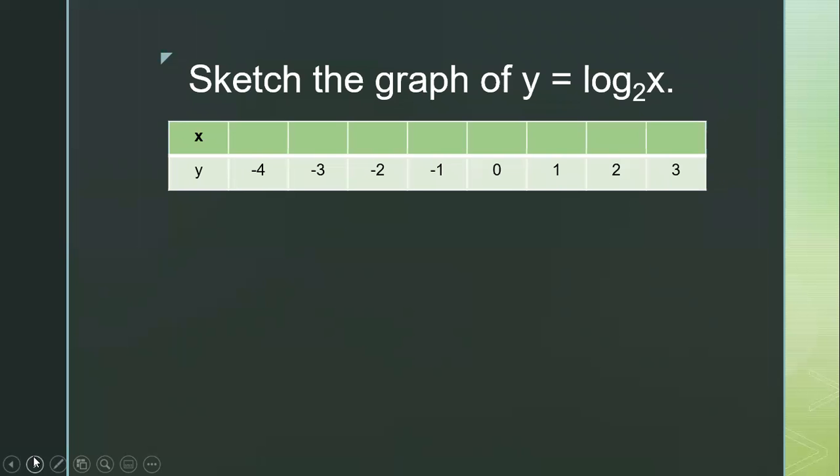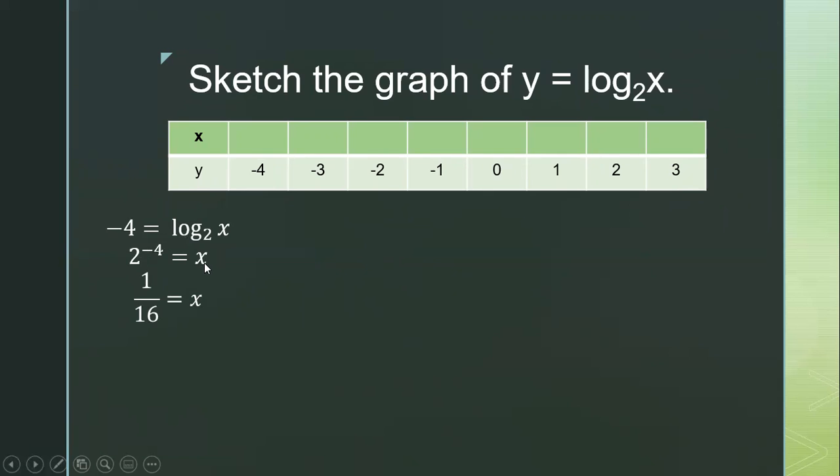Sketch the graph of y equals the logarithm of x to the base 2. If we will assume values of y's from negative 4 to 3, then solving the logarithm, we will have negative 4 equals the logarithm of x to the base 2.